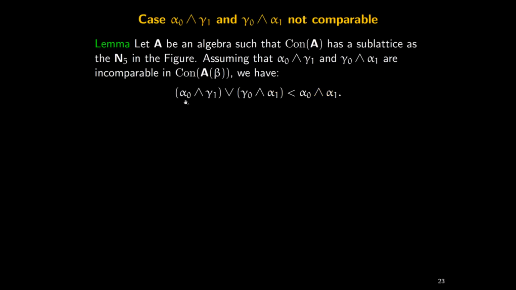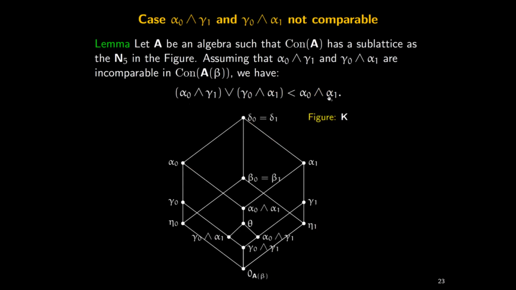In this case, it's not hard to prove that the join of the two is strictly less. And you obtain, in this case, this K lattice. So you get a theta in the middle, that is the join of alpha 0 meet gamma 1 and gamma 0 meet alpha 1.